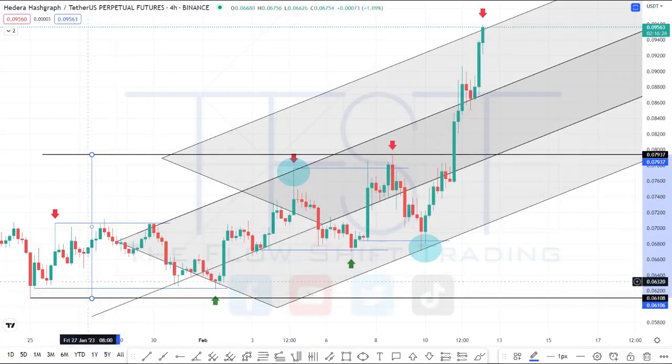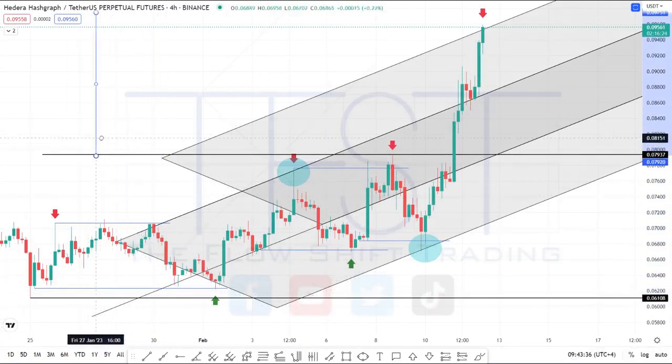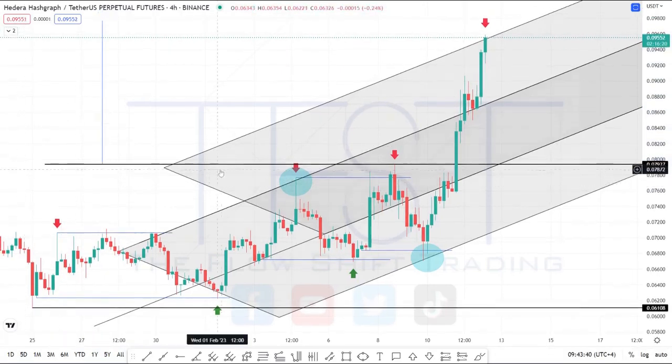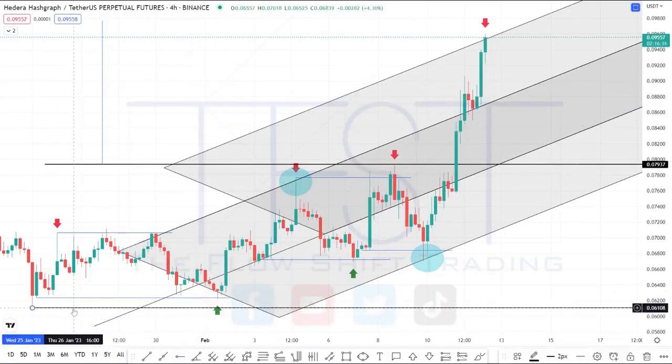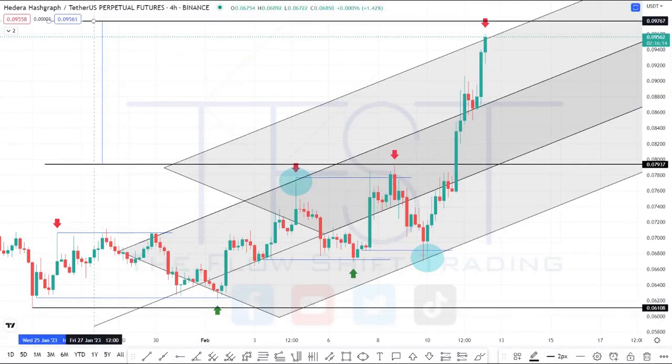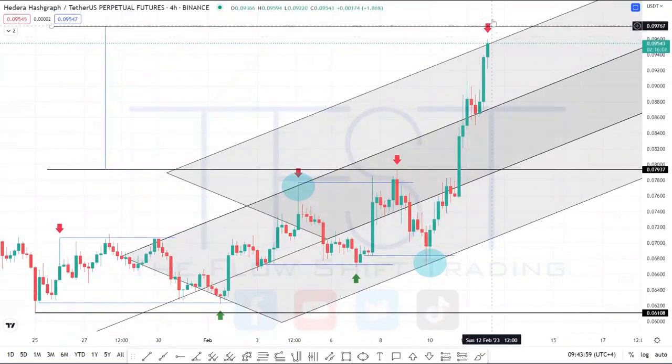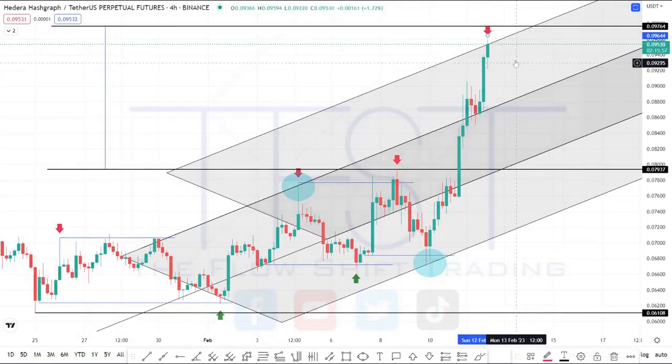So again, Newton's third law states that for every action, there's an equal and opposite reaction. There. This is a potential reaction line. Okay. And we can wait here for price to see if it reacts here.